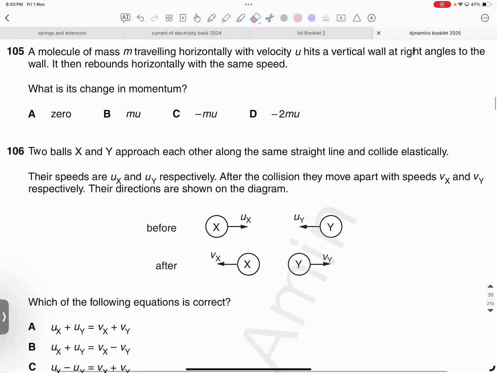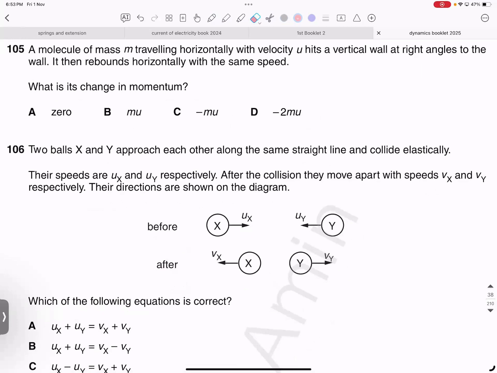105. A molecule M is traveling horizontally with the velocity u. Please use my way. My way is the best way in the history of mankind to solve physics. It is moving, mass M, with a speed u.